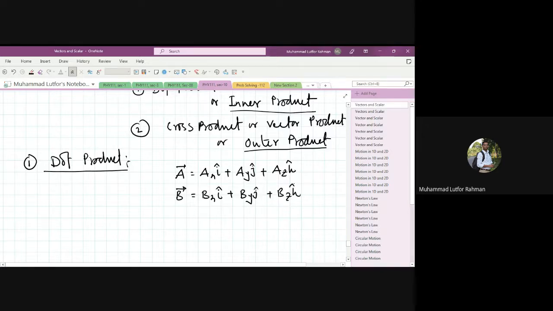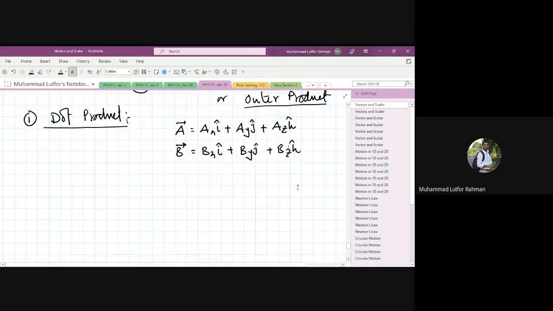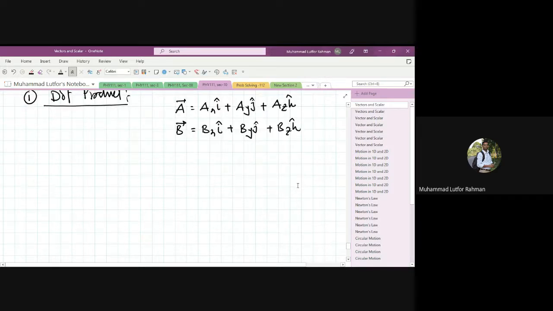These are two arbitrary vectors in the Cartesian coordinate system, where ax, ay, and az are the components of that vector along the x, y, and z axes, and i, j, k are the unit vectors in the direction of the x, y, and z axes respectively.